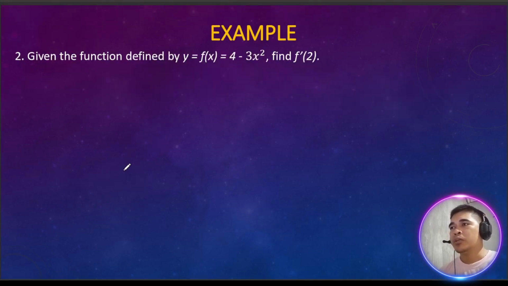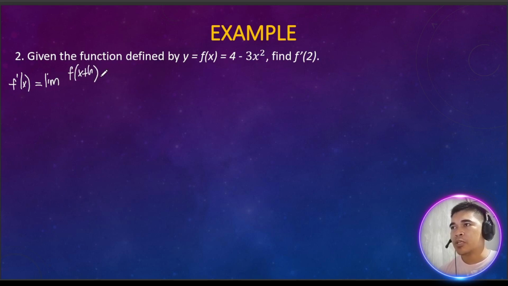Number 2, given the function defined by y is equal to f of x is equal to 4 minus 3x squared, find f prime of 2. So we have f prime of x is equal to limit of f of x plus h minus f of x all over h as h approaches 0. So that is the definition on this section.